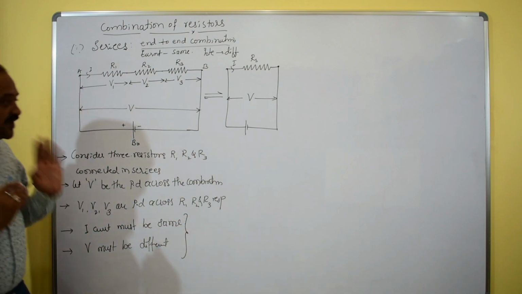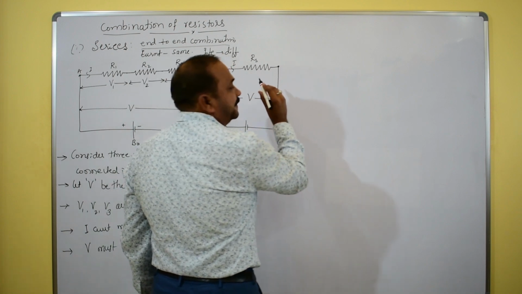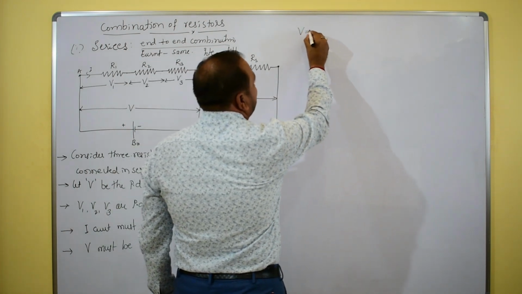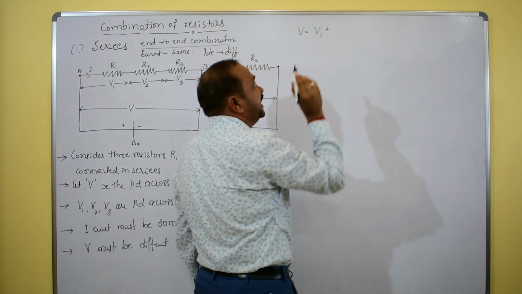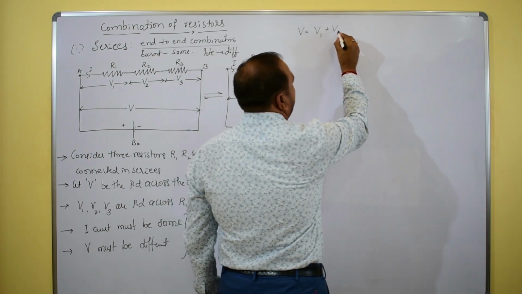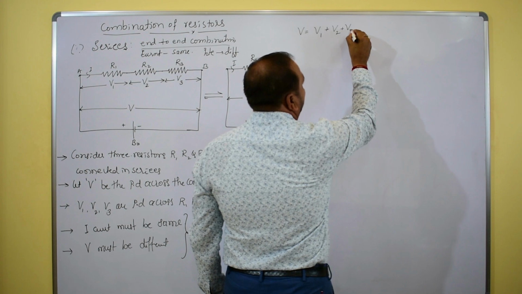Therefore, the total potential is equal to the sum of the potential differences across individual resistances: V equal to V1 plus V2 plus V3.